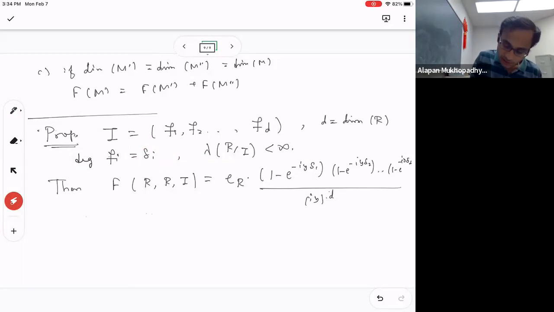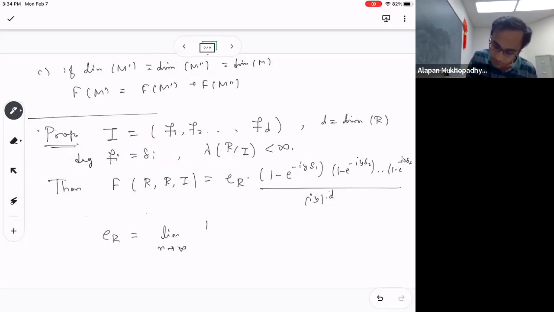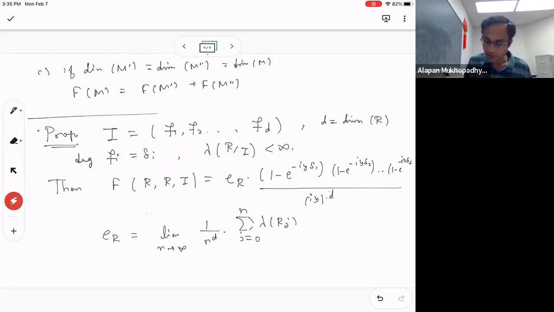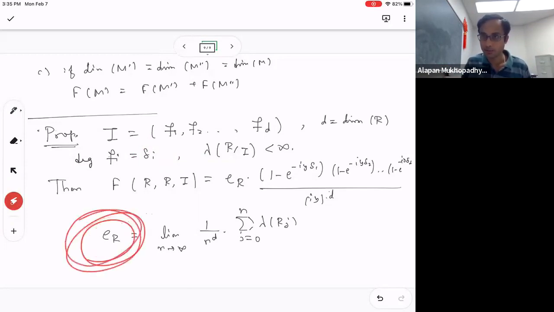And what is my e_R? My e_R is just the limit as n goes to infinity of 1 by n to the power d. So for example, when R is standard graded, this is basically the Hilbert-Samuel multiplicity.